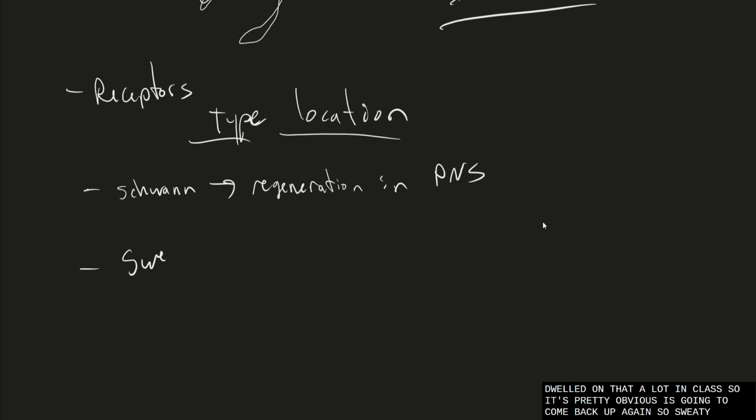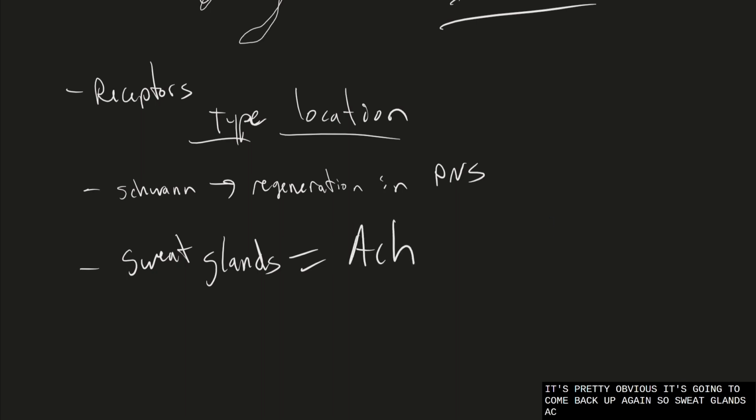So sweat glands equal ACH, or acetylcholine. And remember everything that's controlled by the autonomic nervous system: glands, smooth muscle, cardiac muscle, but not skeletal muscle. Skeletal muscle is voluntary, so we control that.